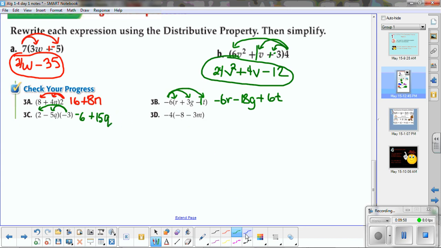And the last example, negative 4 times everything in parentheses. Negative 4 times negative 8 is positive 32. And negative 4 times a negative 3m, negative times a negative is positive, so it's going to be plus 12m.